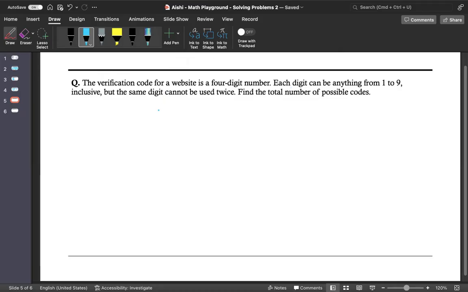So, 1, 2, 3, 4 digits. For the first digit, we have 9 options. For the second digit, we have 8 options because we cannot repeat a digit, times 7 options for the third digit, and 6 options for the fourth digit.